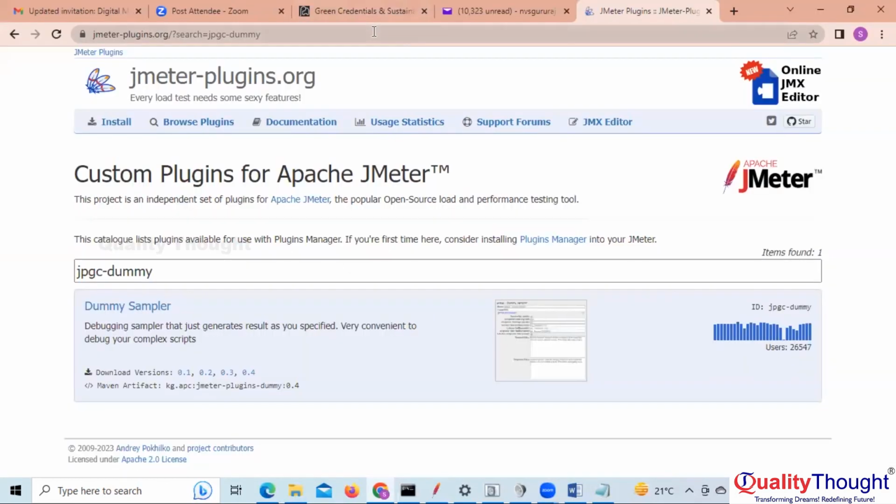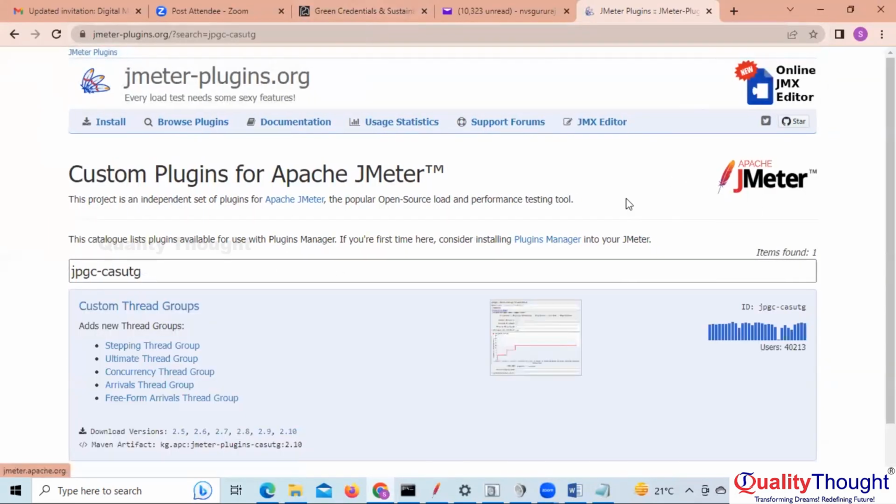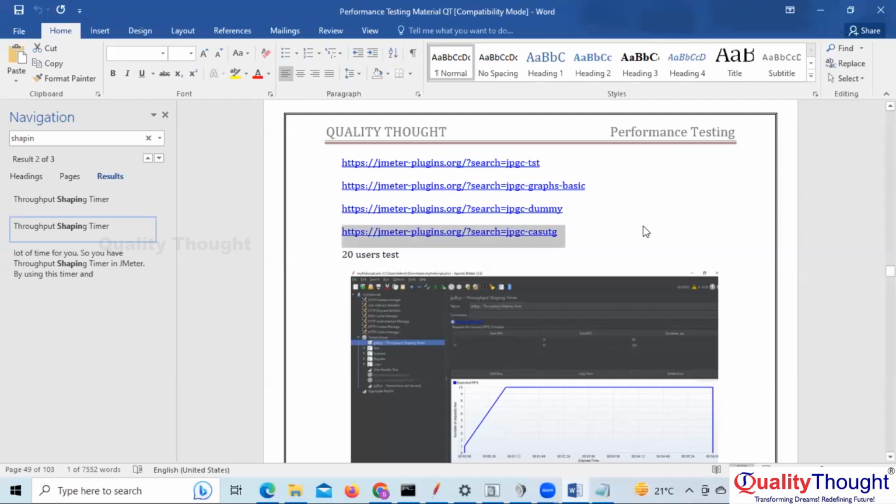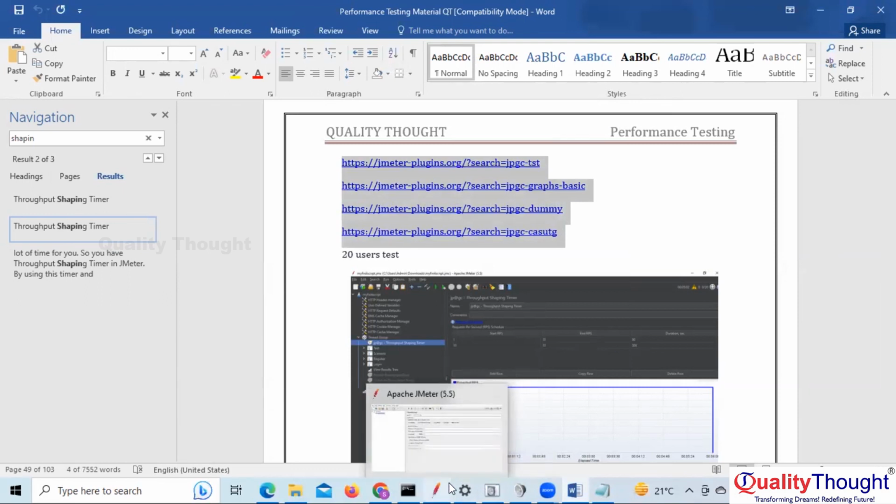And the fourth one is different thread groups. You would have already downloaded this. It contains stepping thread group, ultimate thread group, concurrency thread group, and all that, right? So just install these plugins at home. I have already installed these plugins, right?